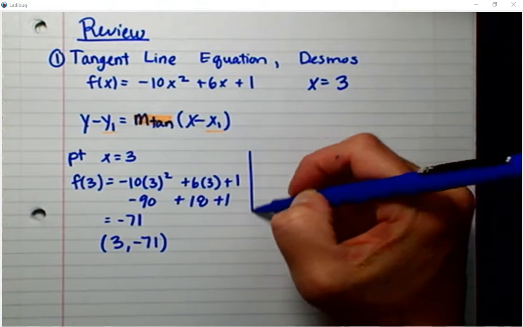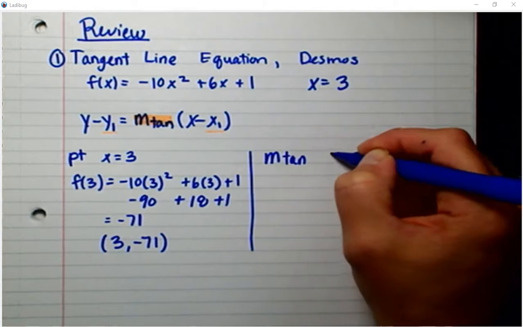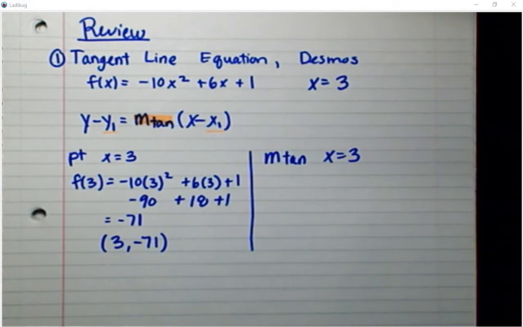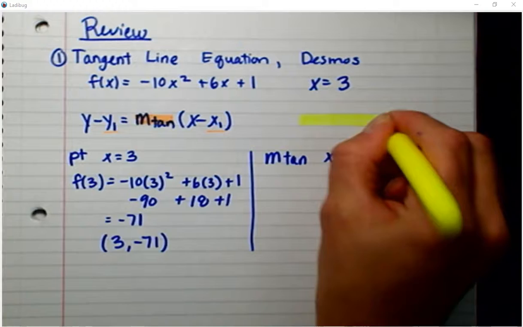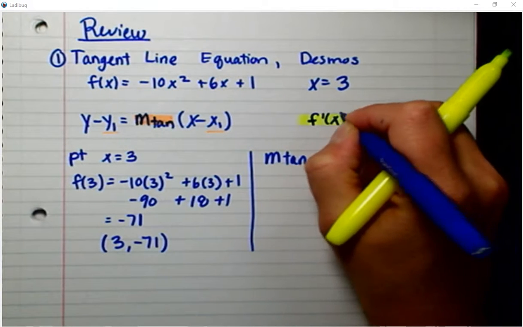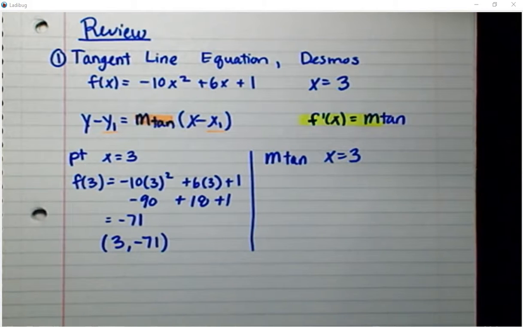Now, I also need the tangent slope when x equals 3. Tangent slope is the derivative. Think about those things that are interchangeable: f prime of x equals tangent slope.